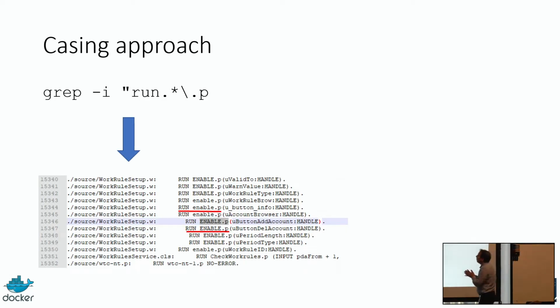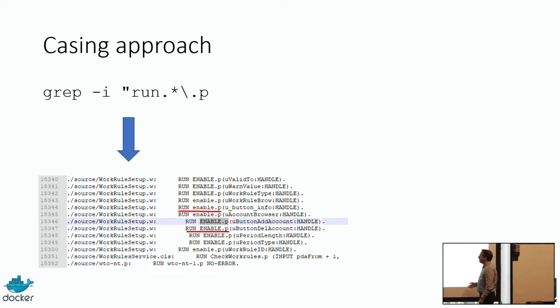for example, we have to evaluate run statements. This is not going to hurt you at compilation time, but in runtime it's going to hurt you. And you know it up front, so you know that if you want to have some sort of reasonable code base to work on, you have to fix the run statements. So with that I do a case-insensitive grep of run.p, because the external .p's are potentially going to be an issue.